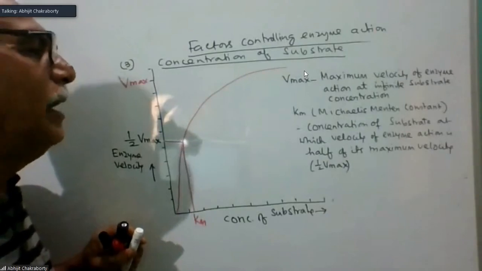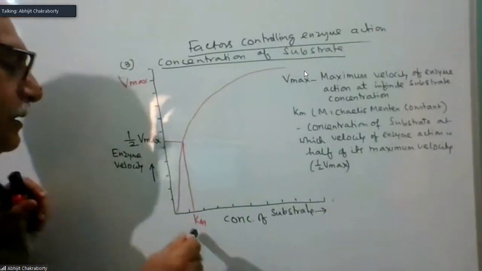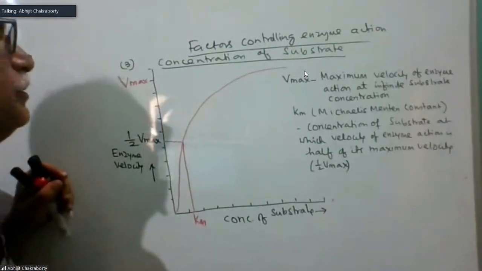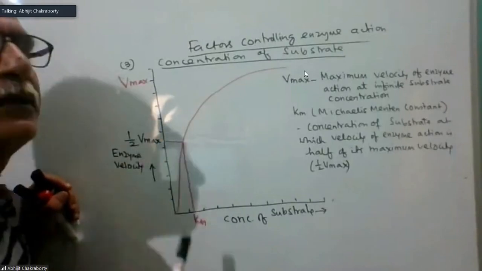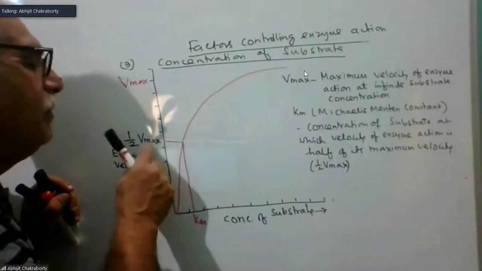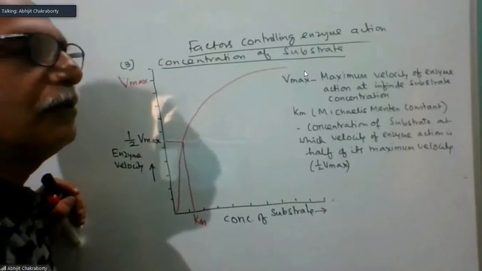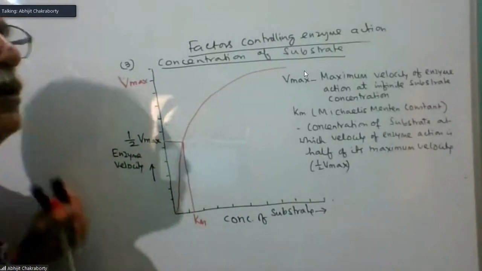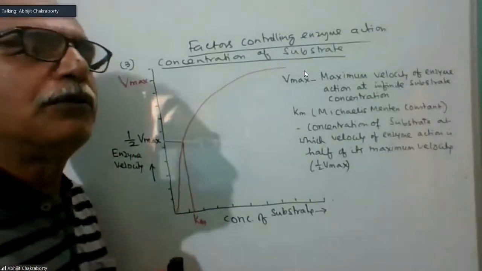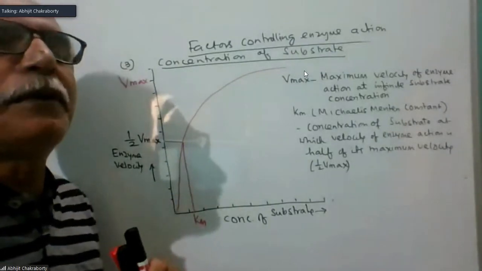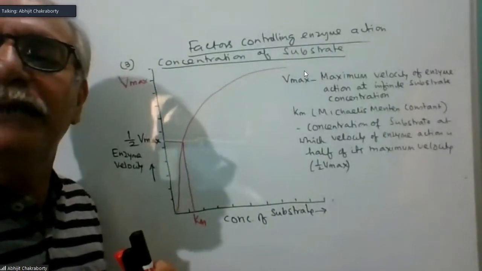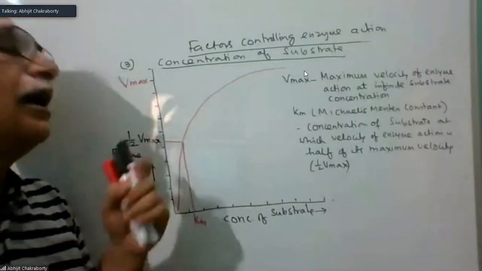Now, Km refers to the concentration of substrate at which the velocity is half of its maximum velocity. This is half Vmax. This is the concentration of substrate required to occupy 50% of the active sites of the enzymes. Then you get half Vmax.